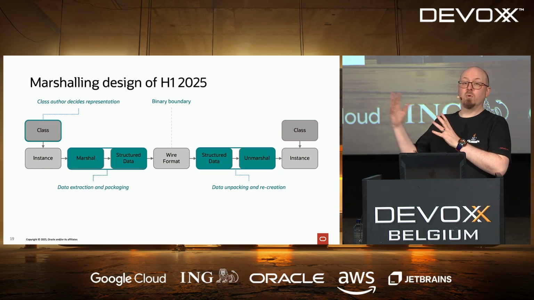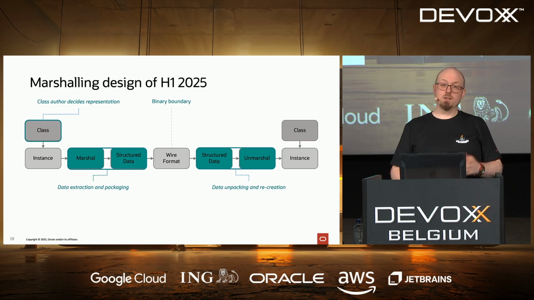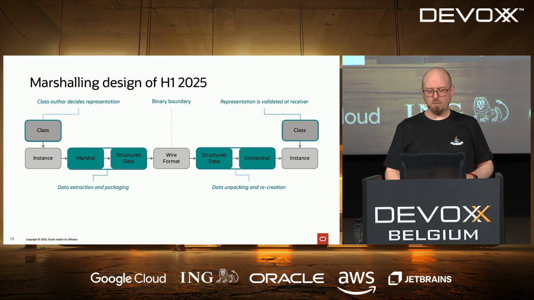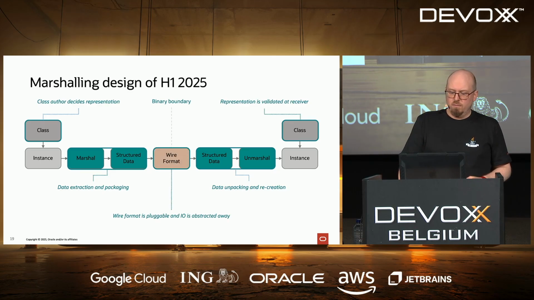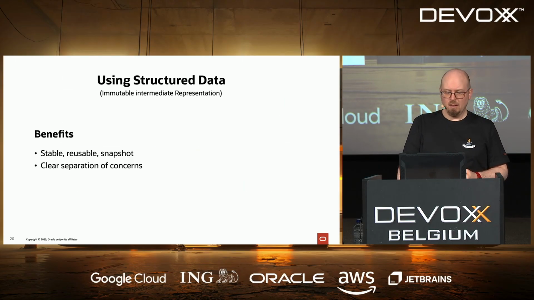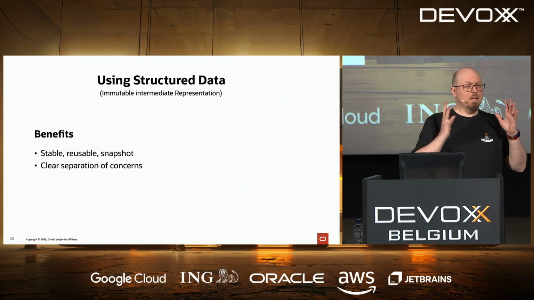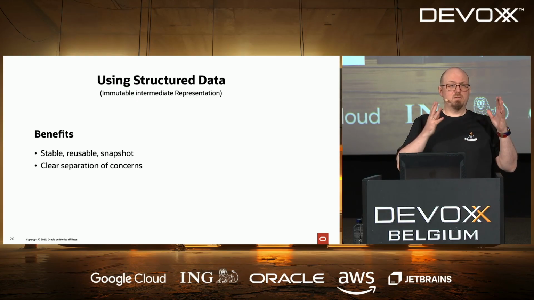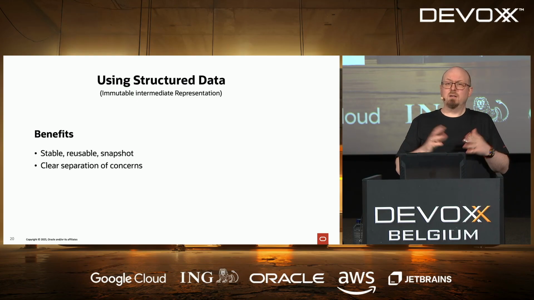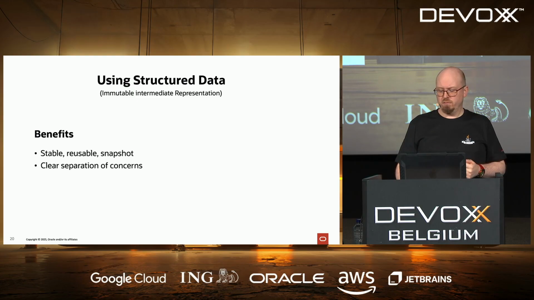And then you could just unmarshal it on the other side and you recreate it, so you run it in reverse. So the good thing about this model is that you have this really clean handoff. There is no interaction between the consumer of the snapshot and the producer of the snapshot. So that's a benefit. There's a stable, reusable snapshot, and there's a clear separation of concerns.